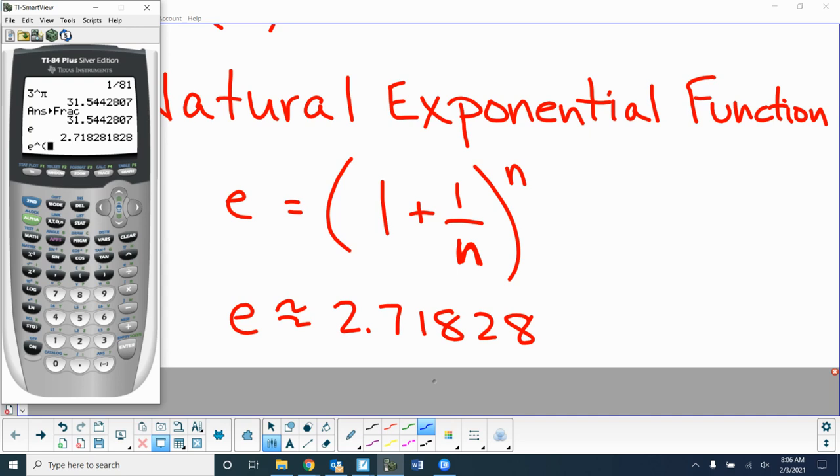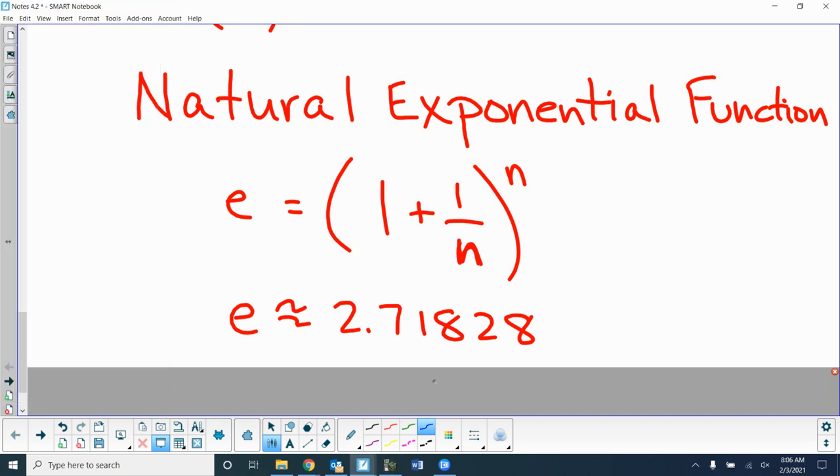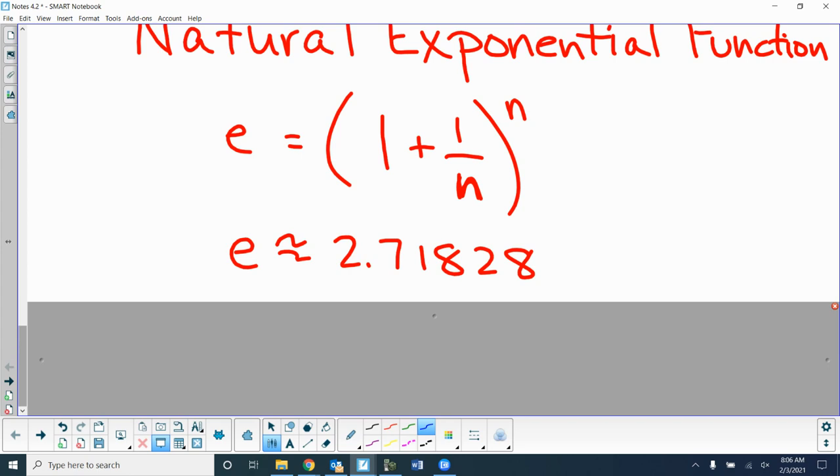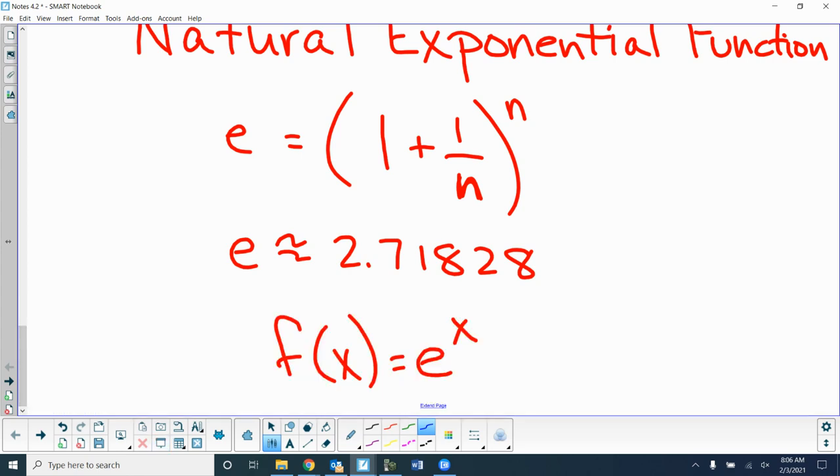There's our log button, our base 10 log button, and then natural log is base E, right? So if you hit second natural log, that'll get you E to the power. But if you wanted, you could do E and then caret yourself too. So we're going to use that E value in some formulas they're going to give us in the word problem, okay?